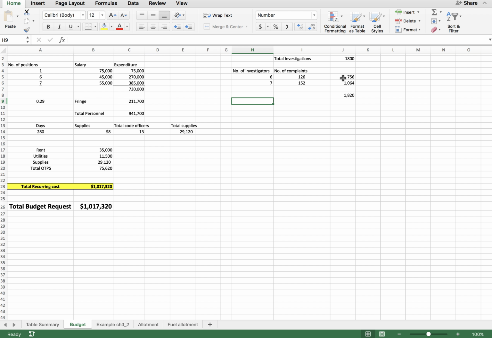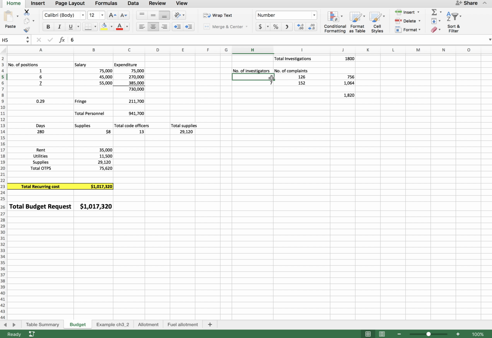So we need 1,800 investigations, or 1,800 complaints handled. The number of investigators we need is contingent upon the number of complaints that we can handle. What I did here, I set up the number of complaints: 126 complaints for junior investigators and 152 for senior investigators.